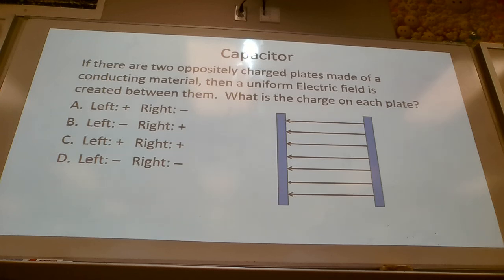Tell your neighbor. Correct answer is B. Electric field lines go out of positive into negative.